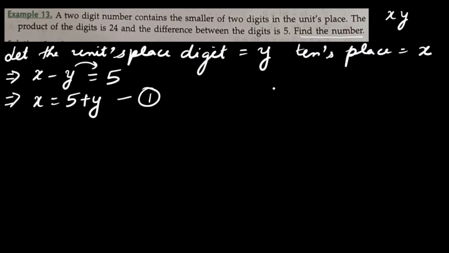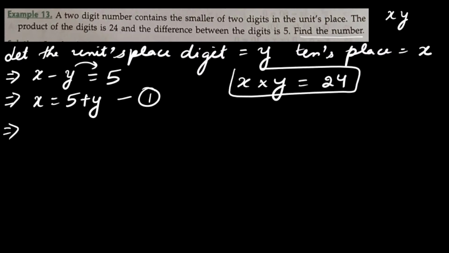Product means x into y, because two digits I have assumed, equals 24. So I can substitute the value of x here. In this equation I am going to substitute the value of x, which is 5 plus y. So 5 plus y into y is equals to 24.